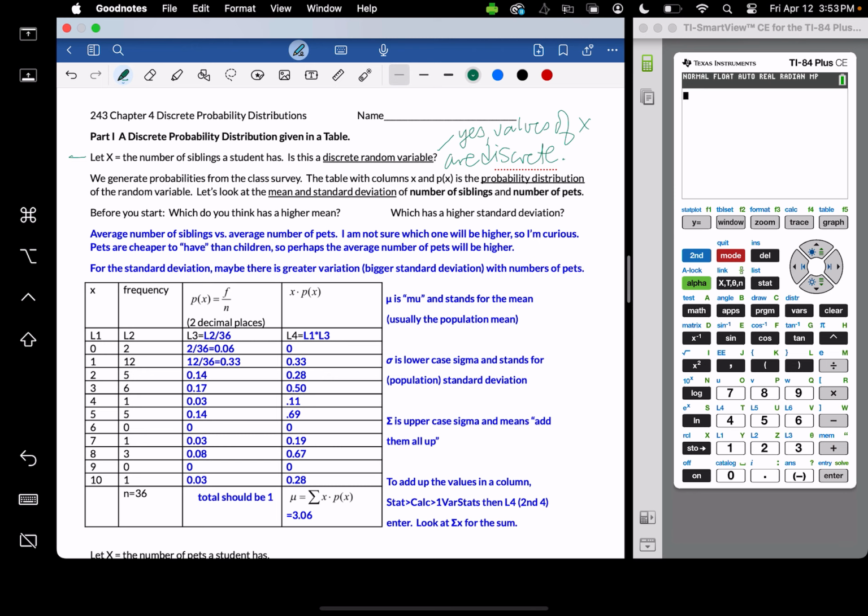So what I have in the table below is we will calculate the probability of each response. The total of all the probabilities for all the responses needs to be 1. Each of these probabilities needs to be a decimal between 0 and 1.